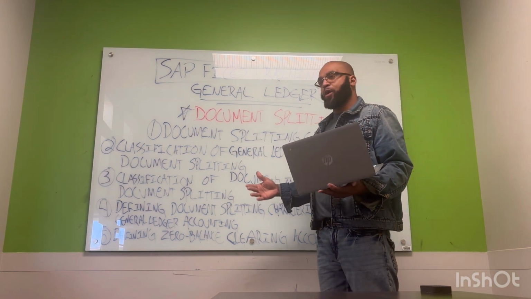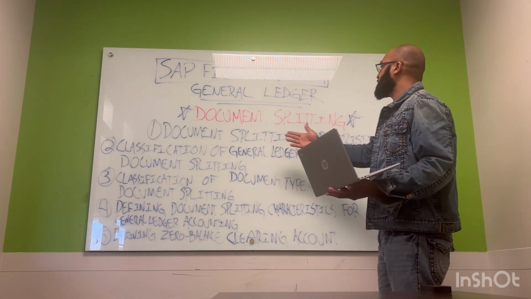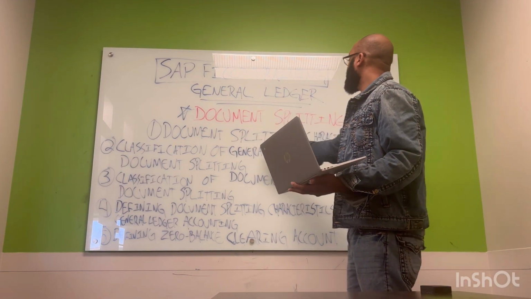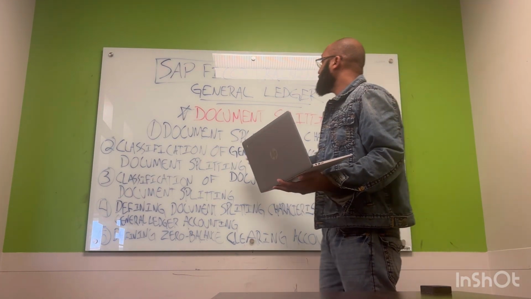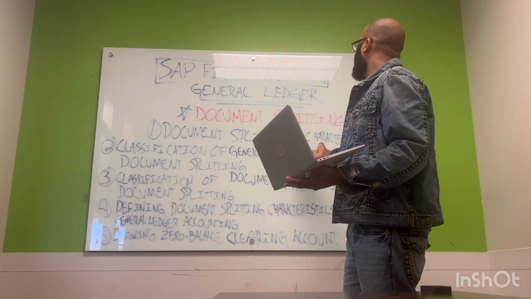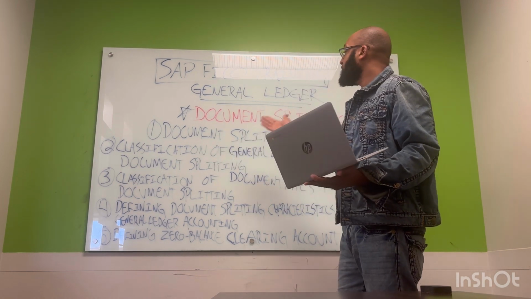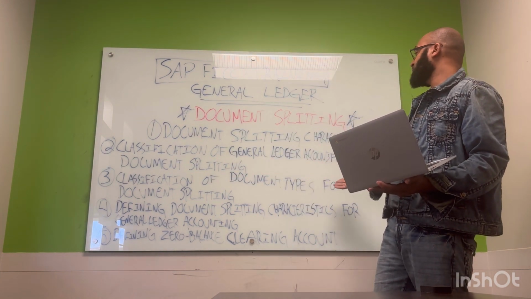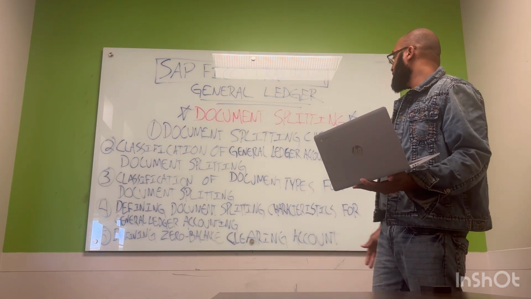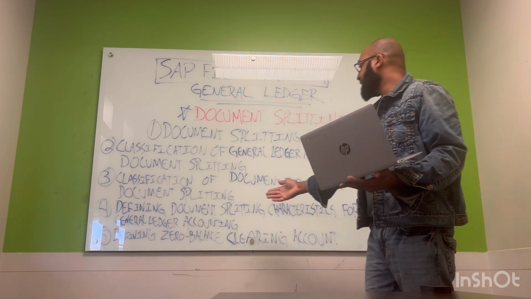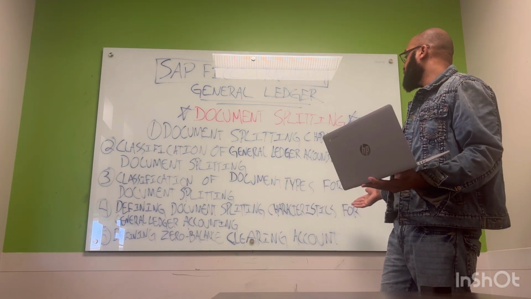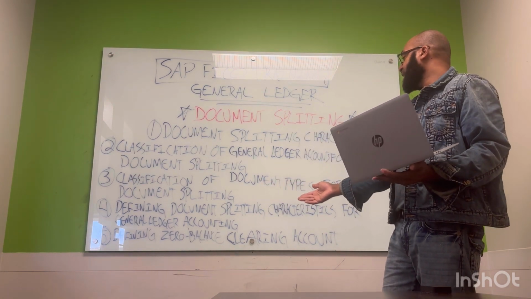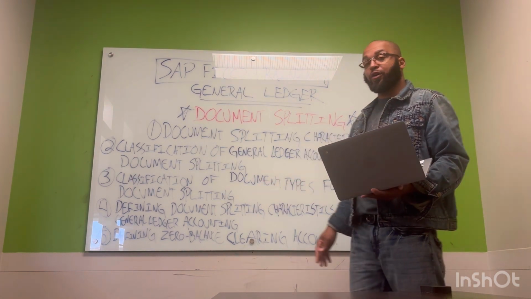Okay, but at any rate, the topics we're going to discuss are: document splitting characteristics, classification of general ledger accounts for document splitting, classification of document types for document splitting, defining document splitting characteristics for general ledger accounting, and defining zero balance clearing account.